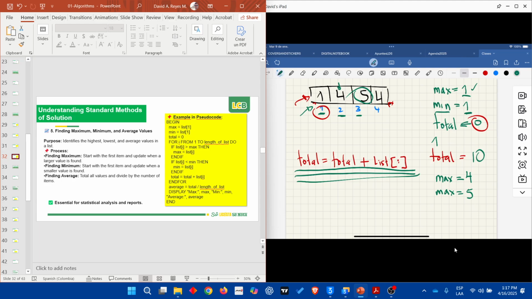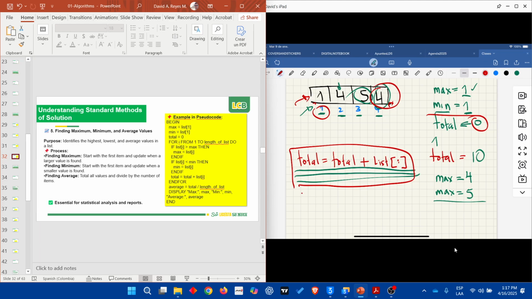Now we move to the next item in the list and we continue the process. Is 4 greater than 5? Why? Because we are asking if this number is greater than max. No. Is 4 less than 1? Why? Because we are asking if this value is less than this value, and no. Now we are going to execute this again.